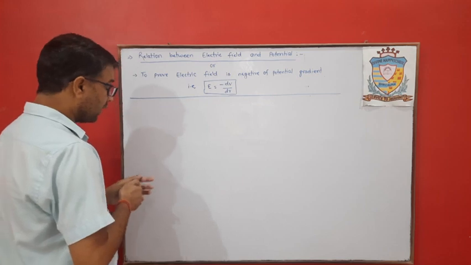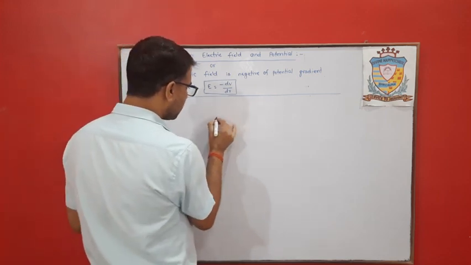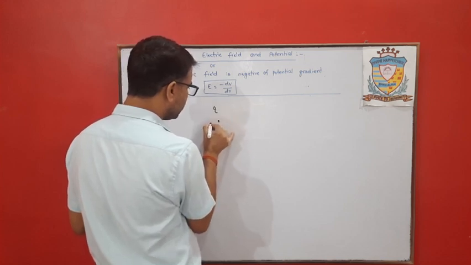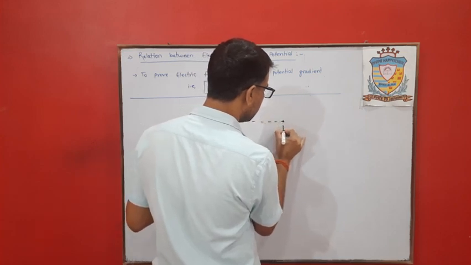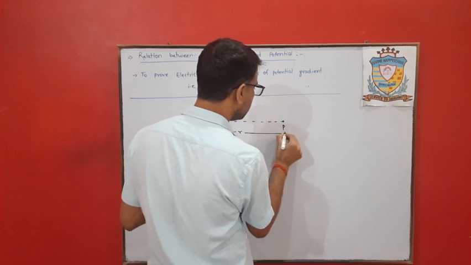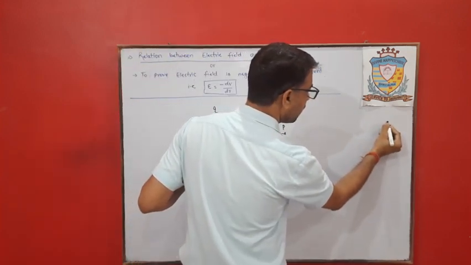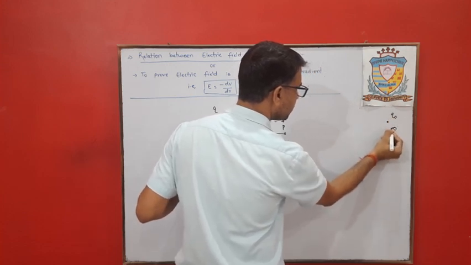Clear? So again we will start with the same figure. Let a charge Q be at point O and here is a point P which is at a distance of r from the source charge, and a test charge Q naught is at infinity.